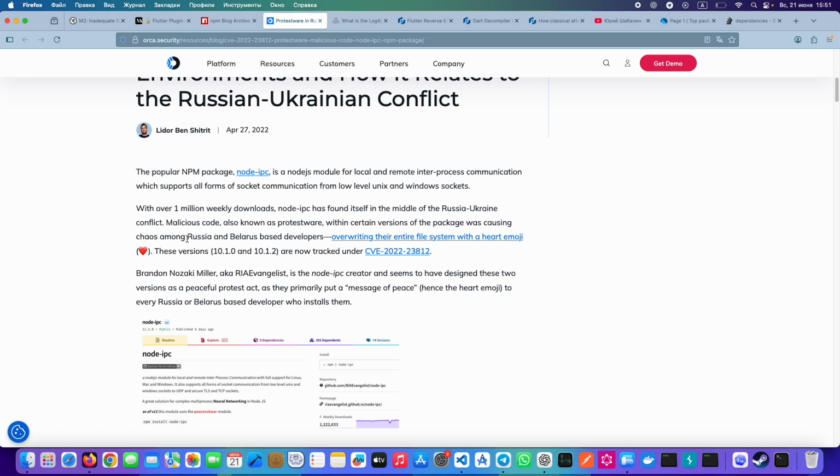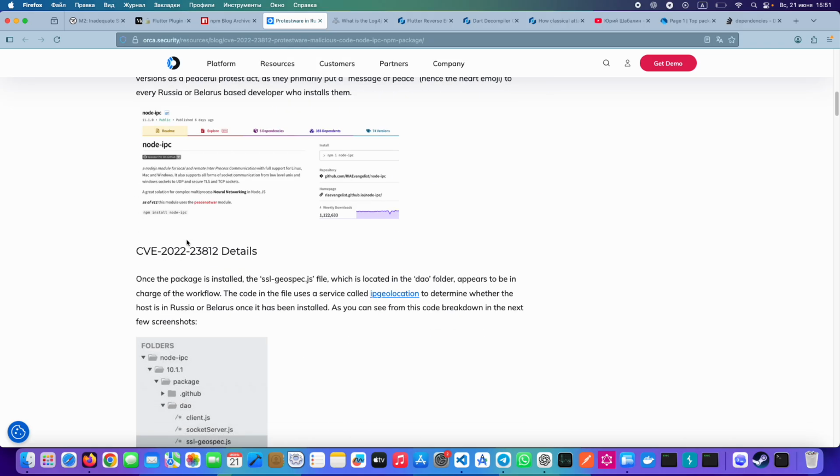I guess it uses the IP address to find out that the person is living in Russia or Belarus, and that specific malicious code worked only there, not everywhere, I would say.